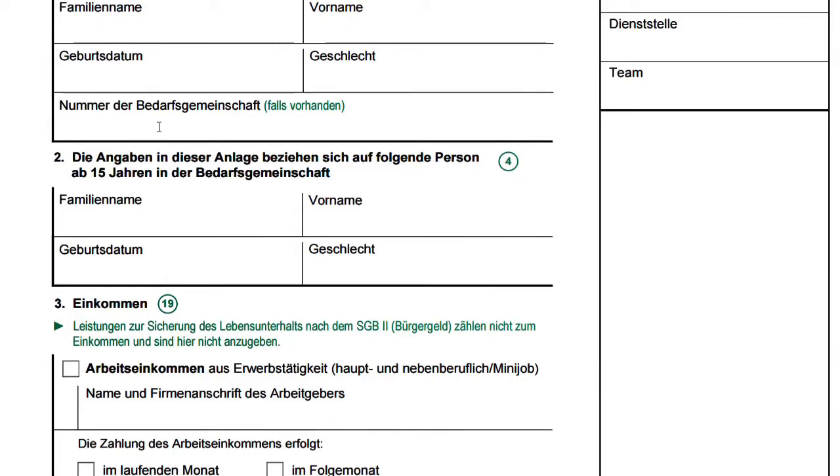Anyways, if you've already got this number from Jobcenter, then you should write it here. If you do not have it, then you leave this part open.